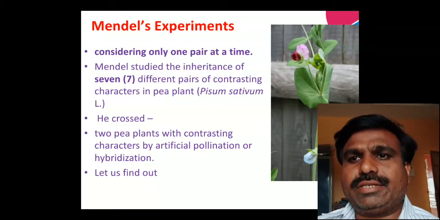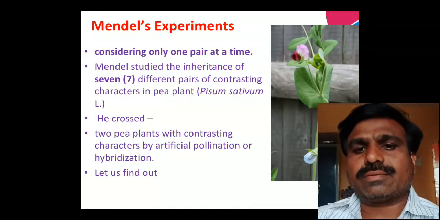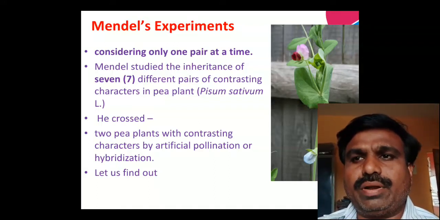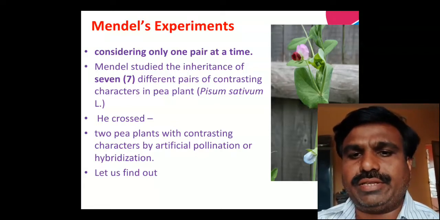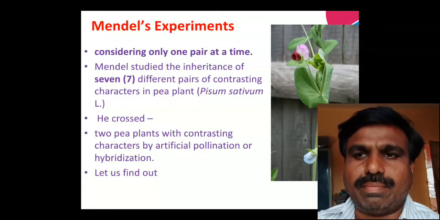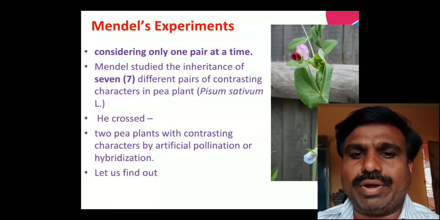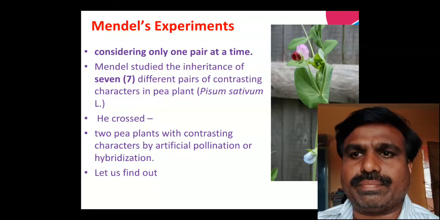In the experiments, after complete observation of the plants, Mendel decided to consider only one pair at a time for the crossings, for the hybridization experiments. Mendel studied the inheritance of 7 different pairs of contrasting characters in a pea plant.